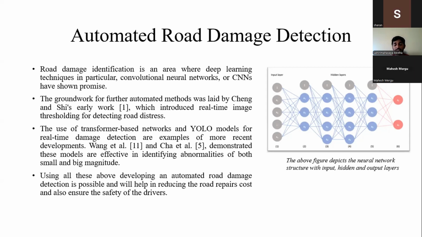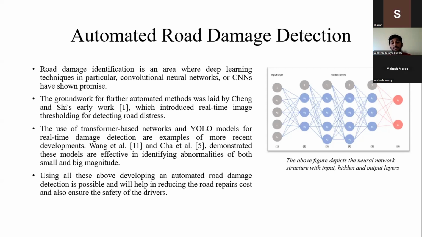You Only Look Once. It is a regression model which tries to identify the object in the given image, and it will pinpoint the location of the distress so that the road repair can be done easily, and the avoidance of the defects can be managed easily.